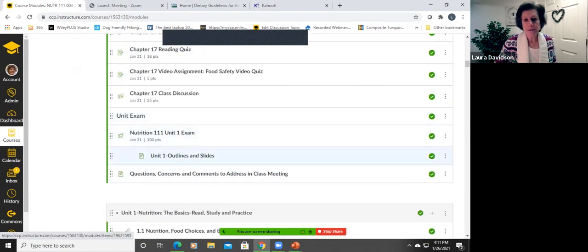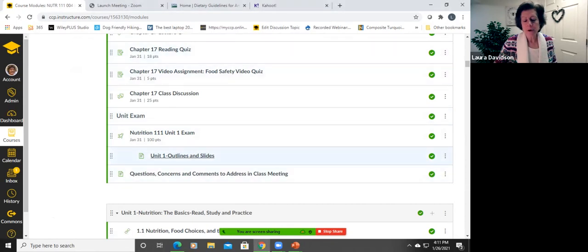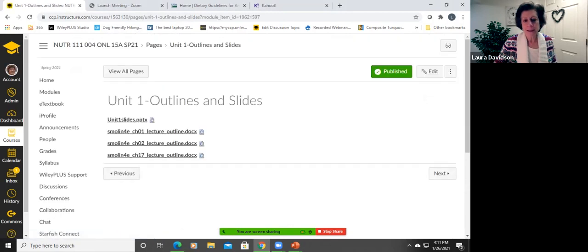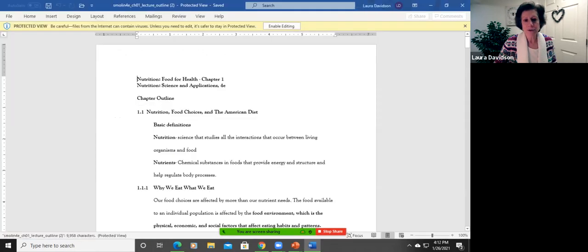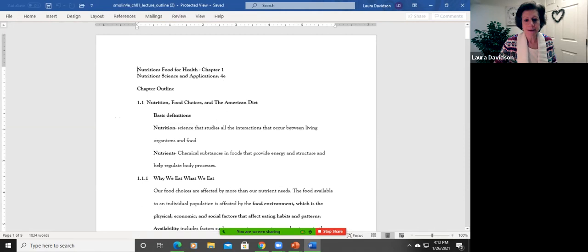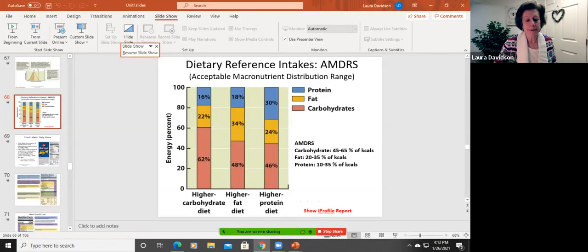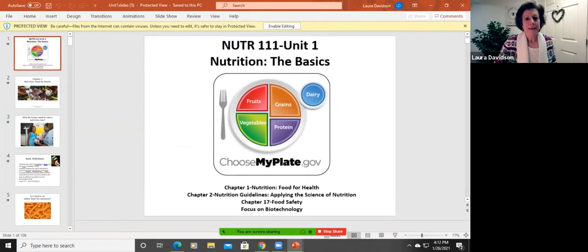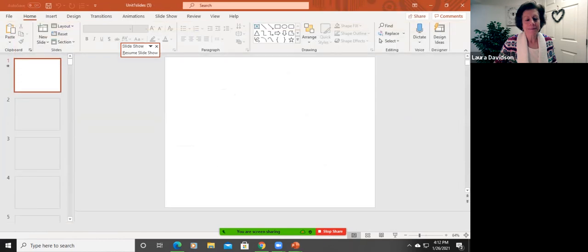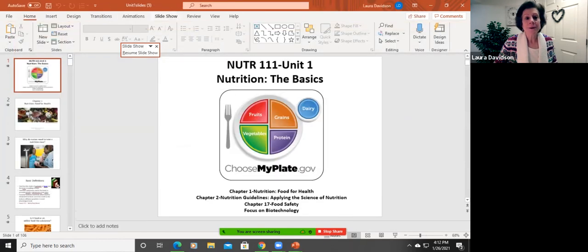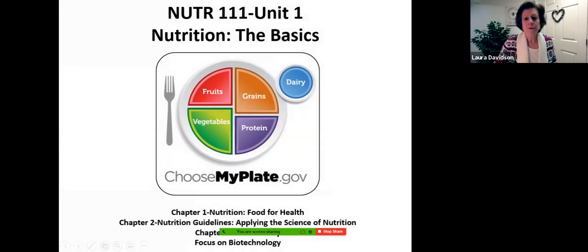If you go down here to the outlines and slides, then you see links to the slides. That's the outline. Let me get out of that. All right, there they are. So you have to open them up and then enable editing, and then go into slideshow mode for the links to work.